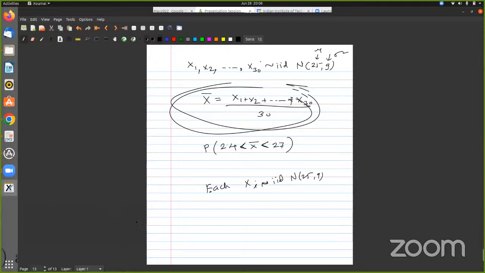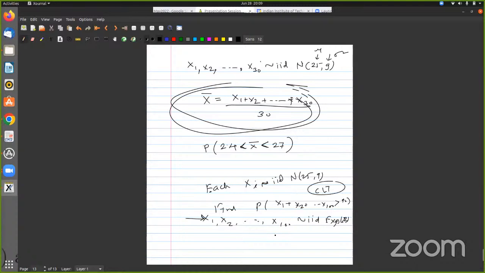Generally this question will be like this: x1, x2 until x100 are IID, let's say exponential 2, and find the probability that x1 plus x2 up to x100 is greater than 90 by using CLT, right?